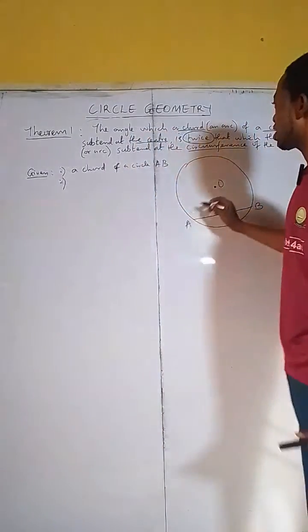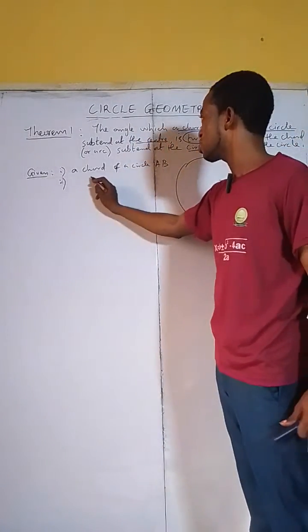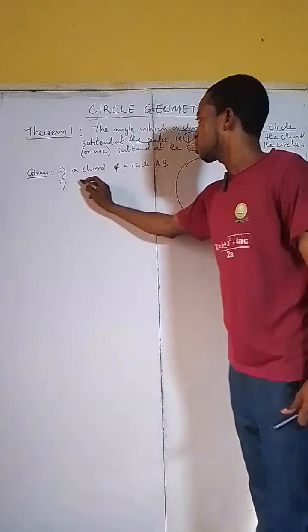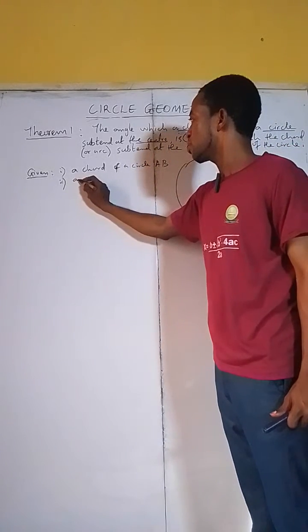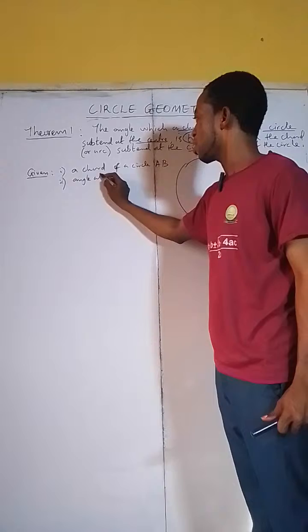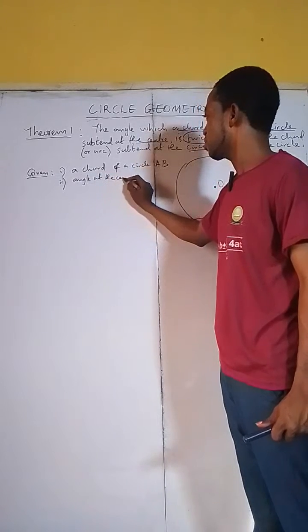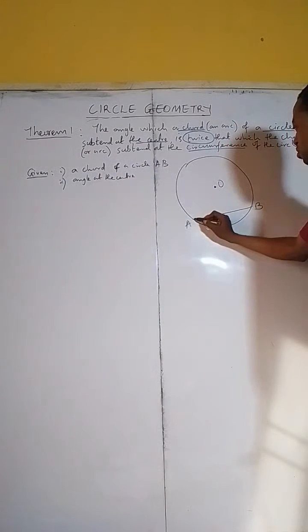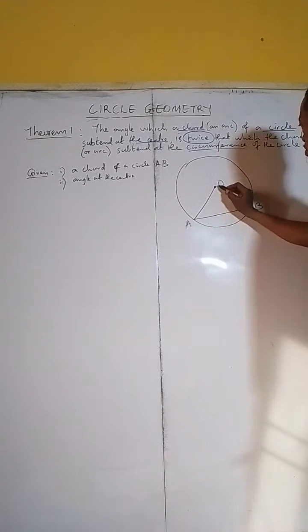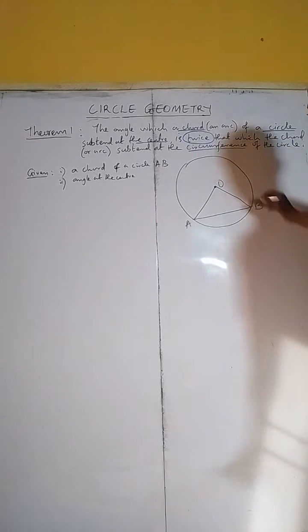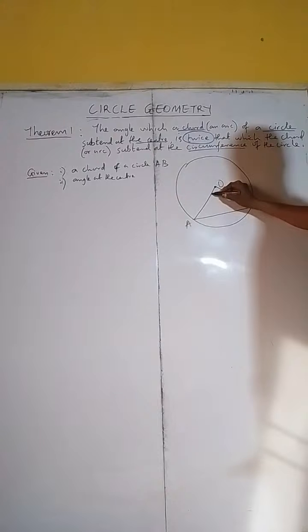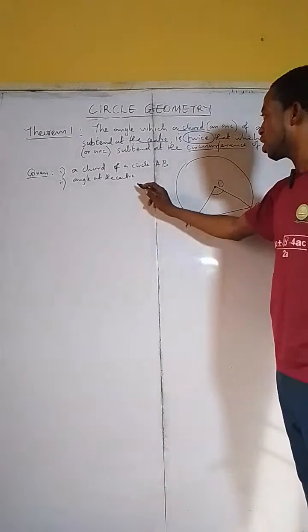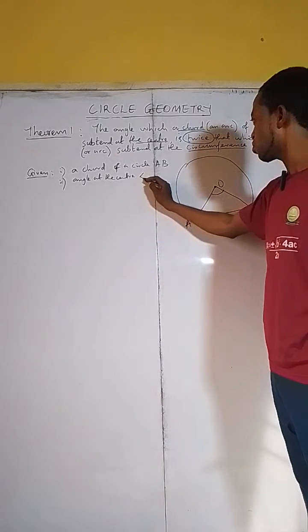angle at the center. Since this is O here, when we draw this, we have two angles at the center. So let's consider the obtuse part in this diagram. So we have the angle at the center, which is obtuse angle AOB.